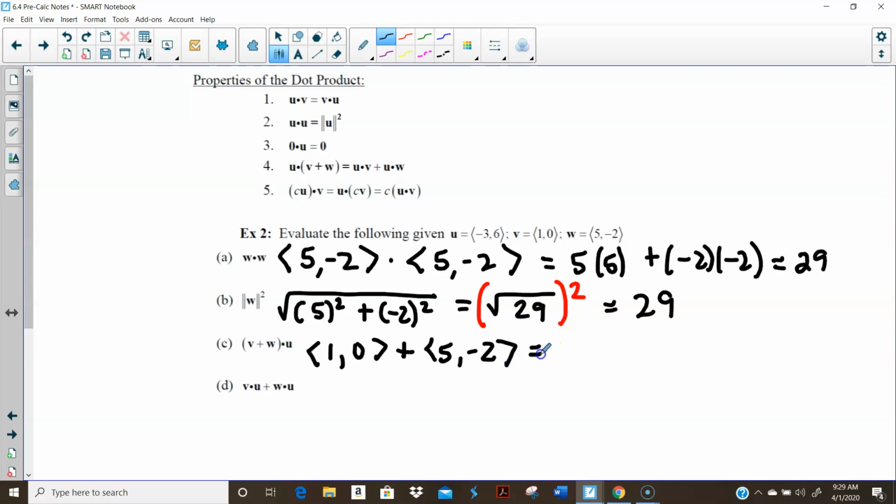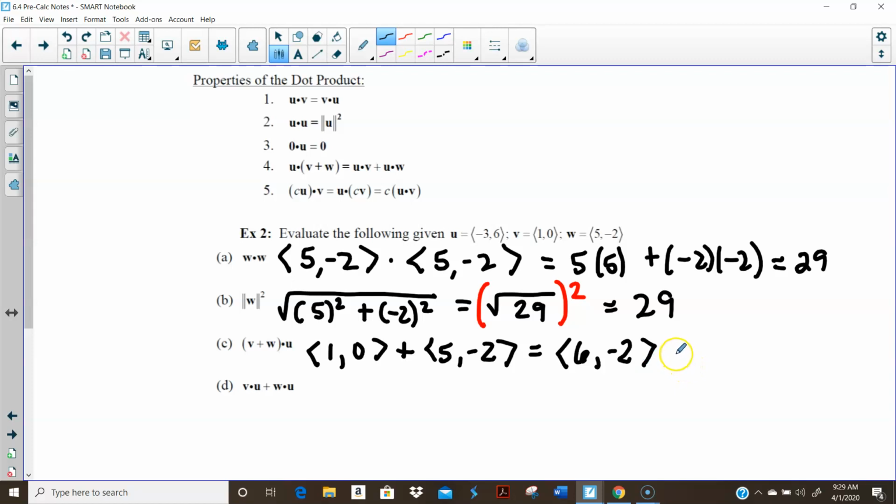So that's going to give us a vector, and we're going to add the horizontal components together, which is 1 plus 5, so that equals 6. And then we're going to add the vertical components together, 0 plus -2, and that's going to give us -2.